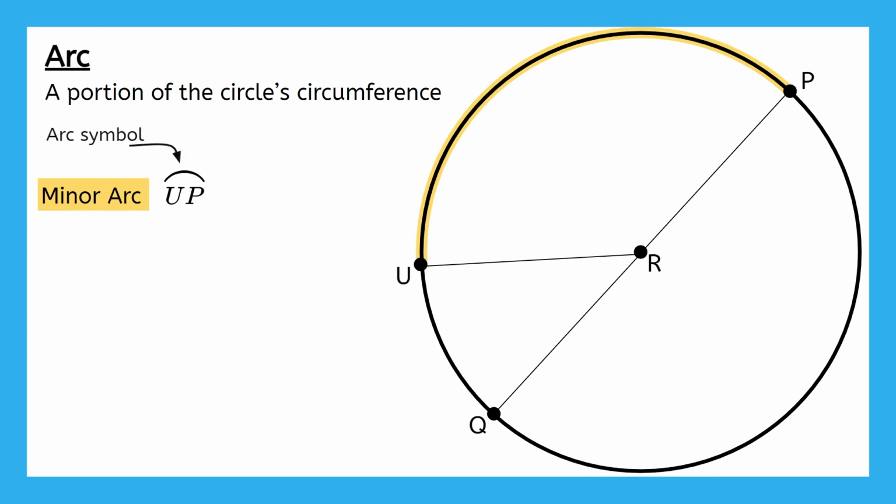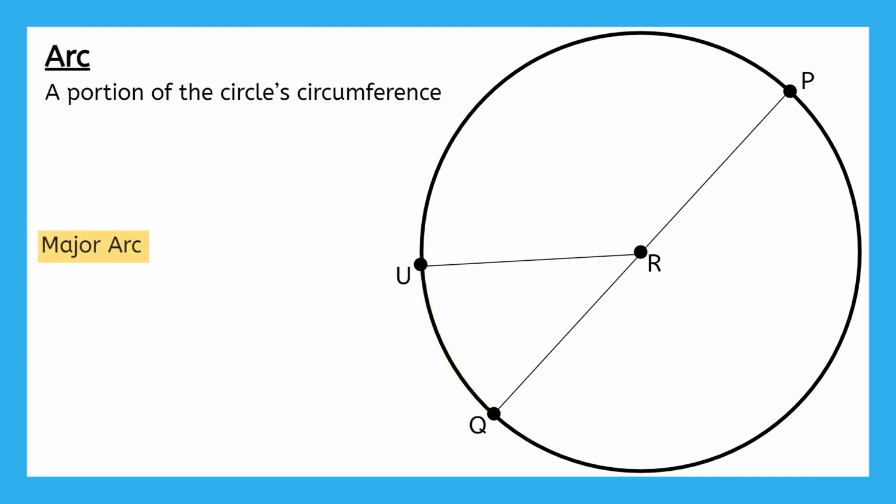Notice the notation that we're using for arc. It looks like a mini arc above capital letters, kind of like lines or segments. Can you find another minor arc on this circle? Arc QU or UQ is also a minor arc.